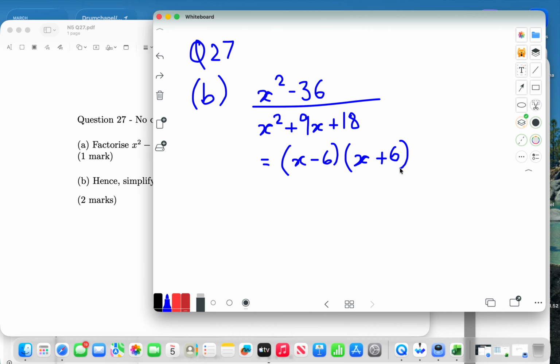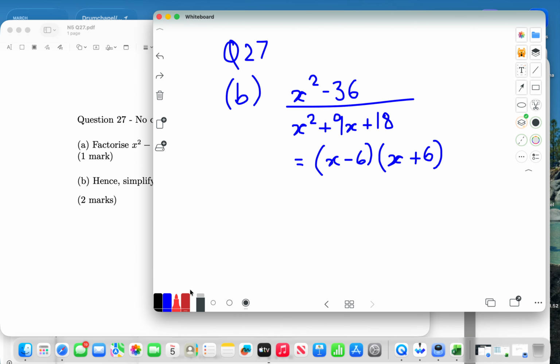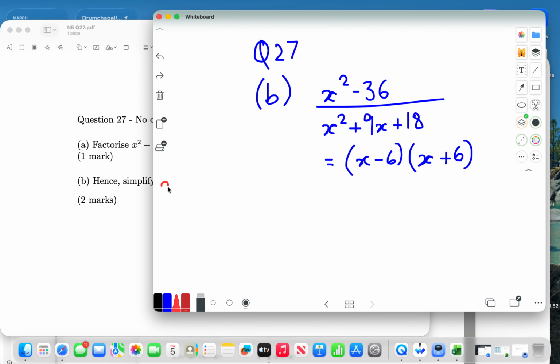But if you factorise the bottom, the denominator, then you could cancel out. So let's go to the side and factorise this.